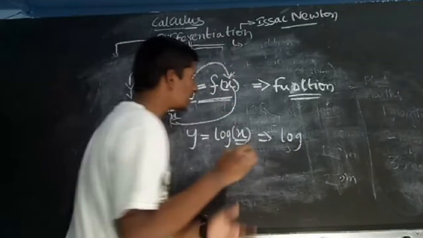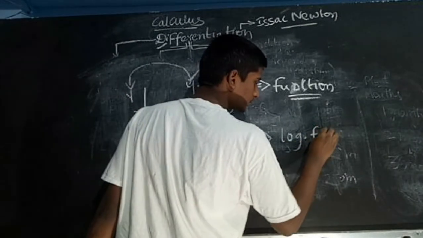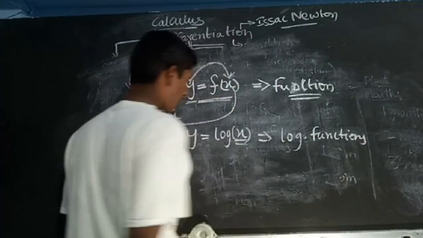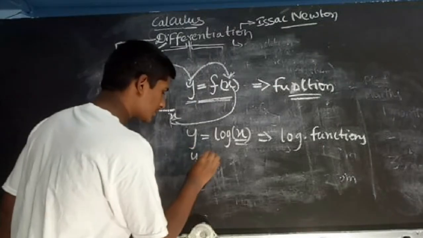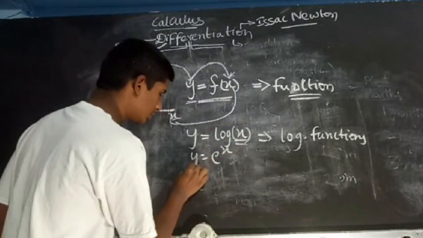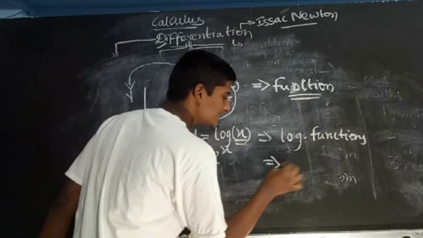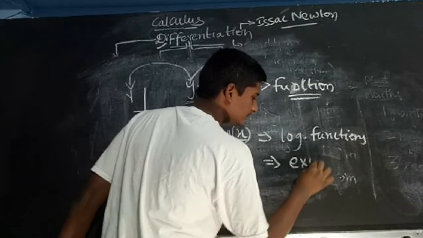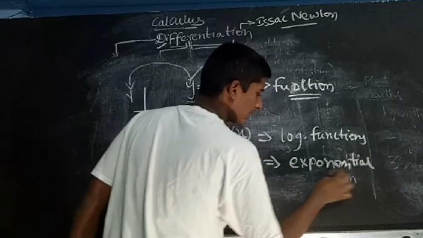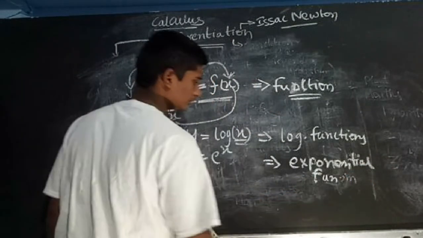These are all called functions. And we have y is equal to e to the power of x. What is this? This is called an exponential function.